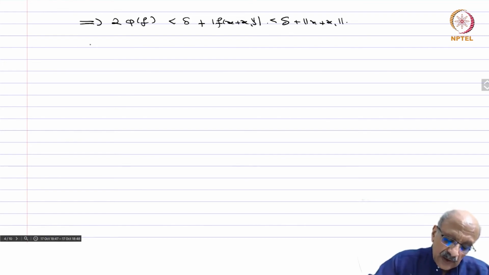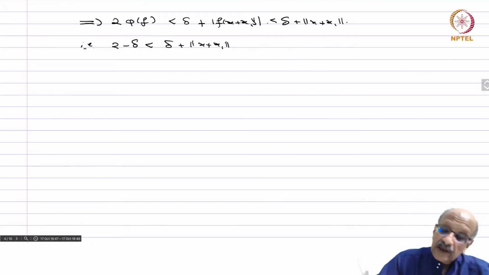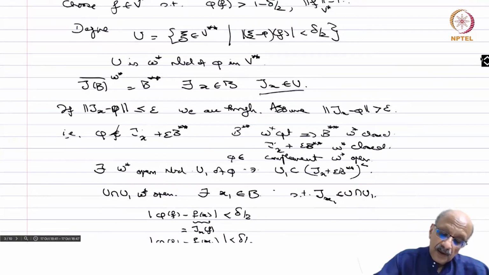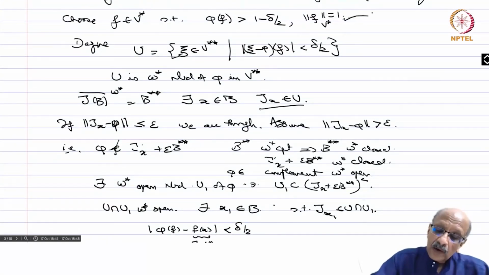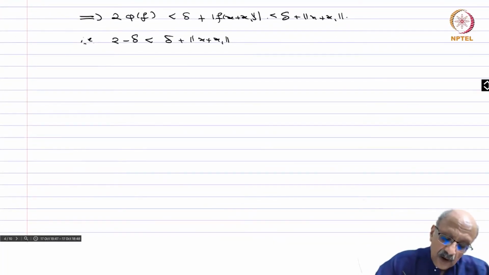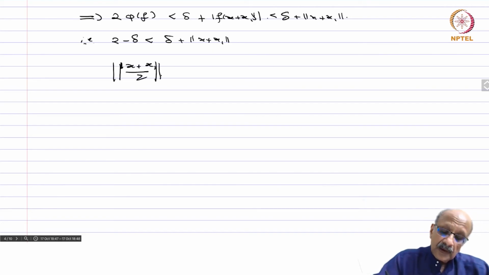We have chosen it in such a way that phi f is bigger than 1 minus delta by 2. Therefore 2 minus delta is less than delta plus norm of x plus x1, and so norm of x plus x1 by 2 is bigger than 1 minus delta.